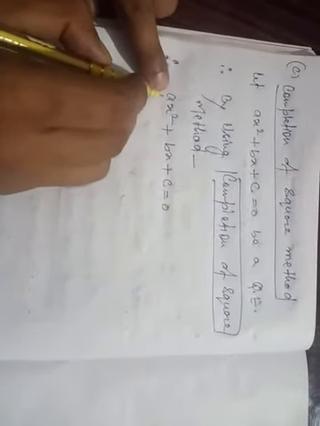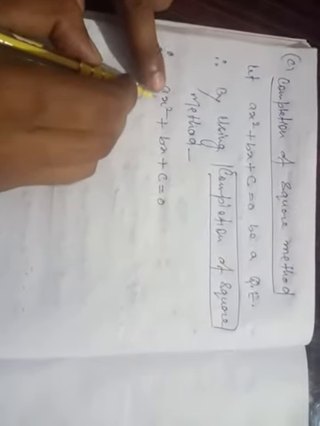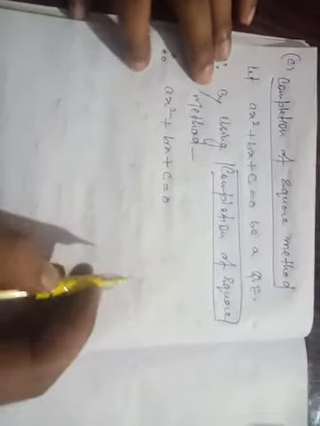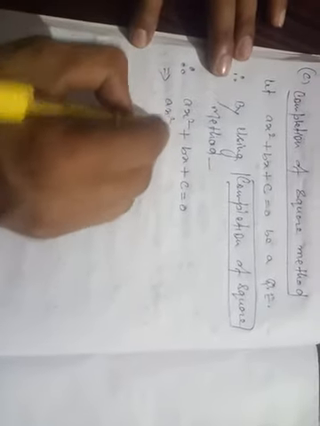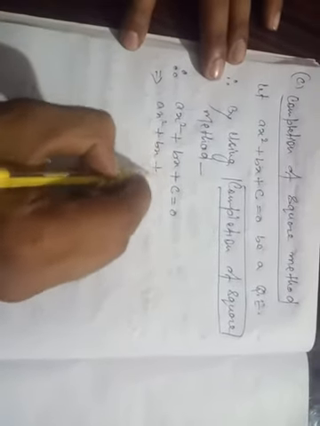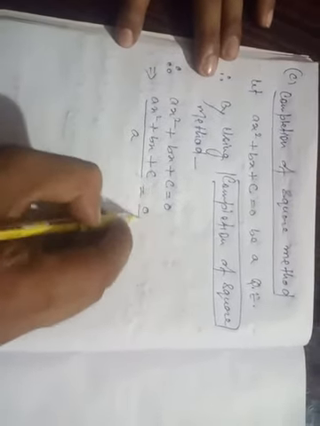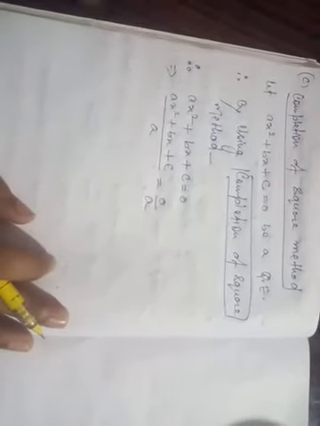First and foremost, you have to eradicate this a from x square. So I'll take this common, or you can just divide by a on both sides. Hence you can see ax square plus bx plus c upon a. I have divided by a in LHS as well as in RHS, so there will be no change.